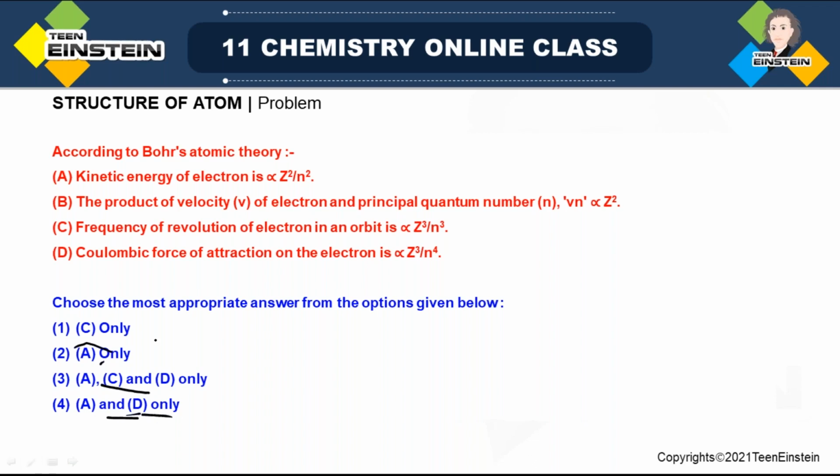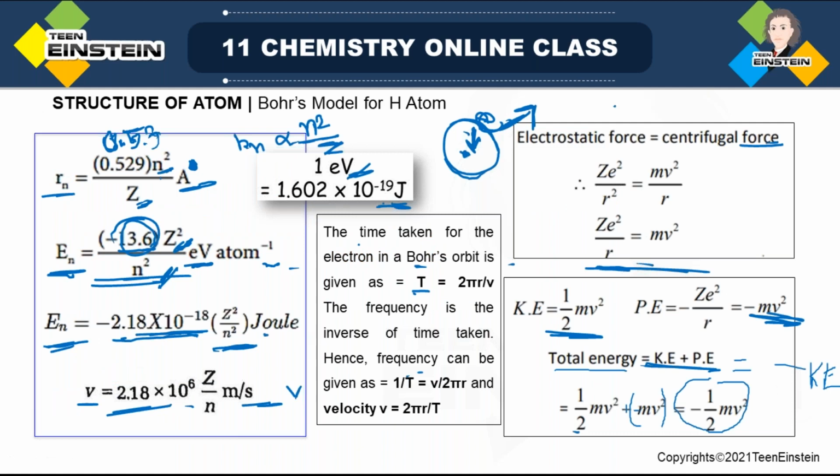The first statement says that the kinetic energy of the electron is proportional to Z square by n square. Now what have we seen about kinetic energy? We have seen that it is half mv square, so the velocity term is involved. But remember from the previous slide that v is proportional to Z by n.